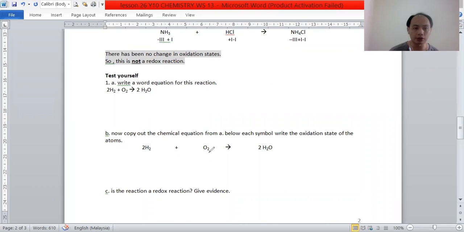You see this hydrogen and oxygen, they are neutral. They have no charge. They are not in the form of a compound. So their oxidation state is zero.